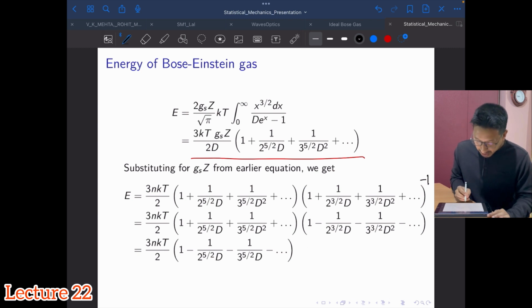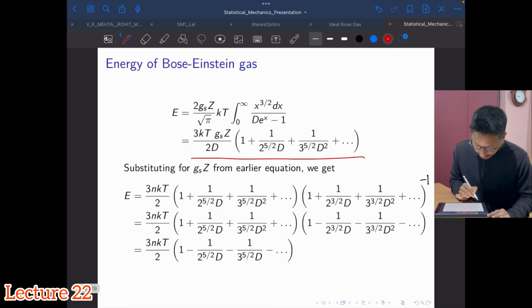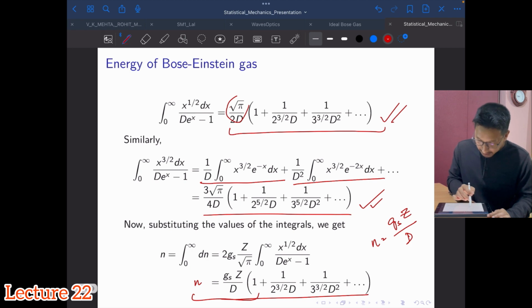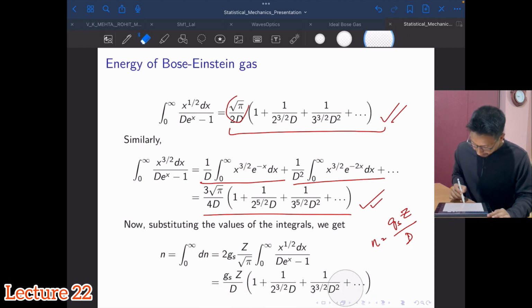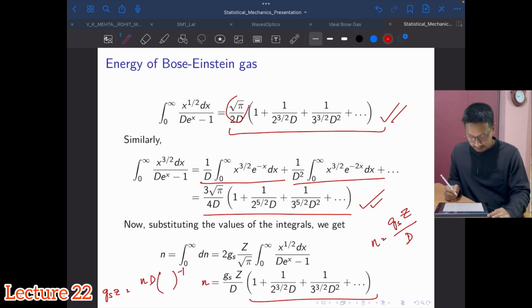Now substituting for gs from the earlier expression: gsz will be equal to N d times the entire bracket to the power minus 1.